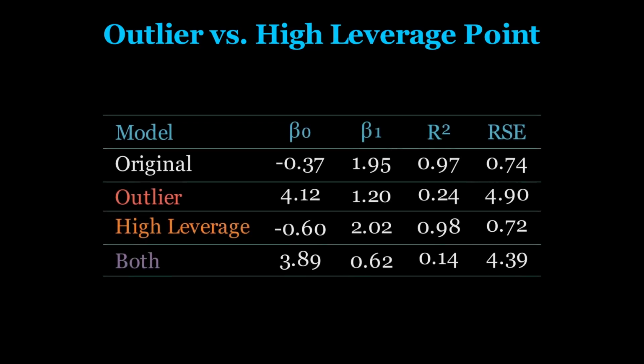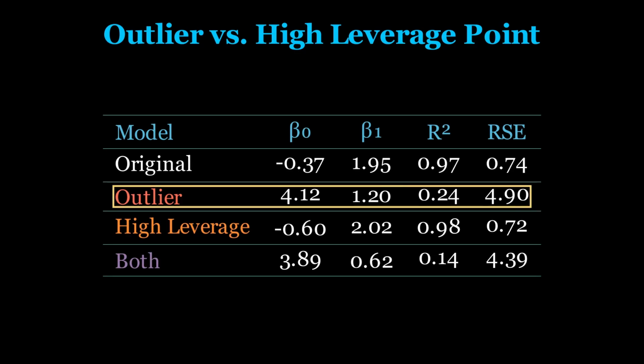These statistics highlight the impact of different types of potentially influential points on regression analysis. The presence of outliers and high leverage points can significantly affect the regression model, leading to changes in the coefficients, r-squared, and the residual standard error. In the example we looked at, the outlier was influential because it pulled the regression line upward and away from the original gray line.